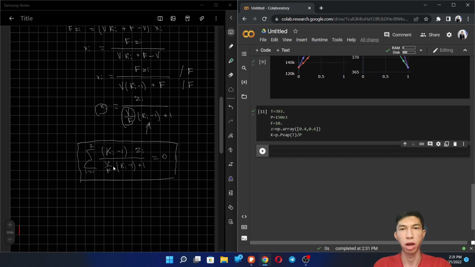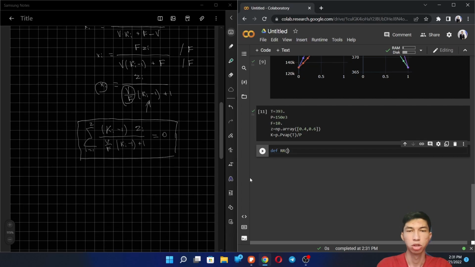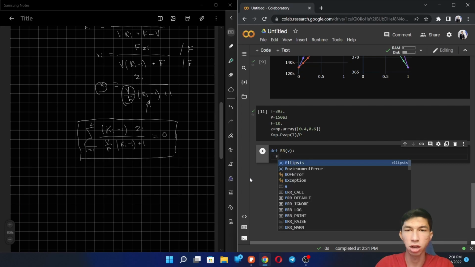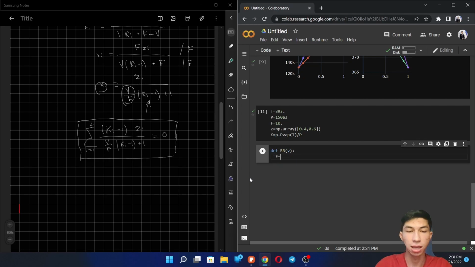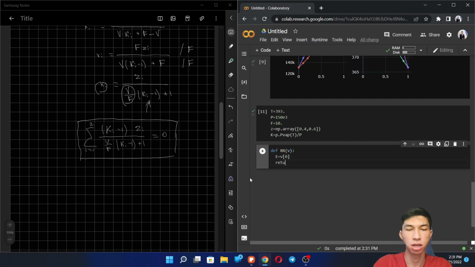In order to use our root solver, we should have our function as the Rachford-Rice equation so that we can plug it into our root solver. It's going to take a vector, and our vector is going to be our value of E, the first element in our vector, and it's going to return our Rachford-Rice equation.